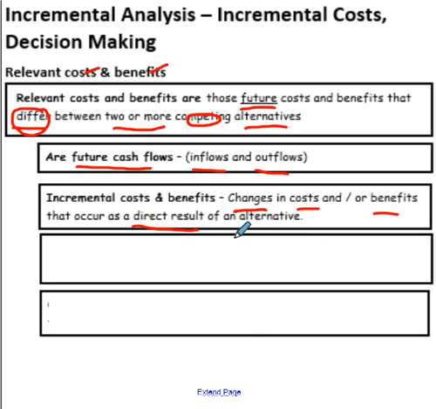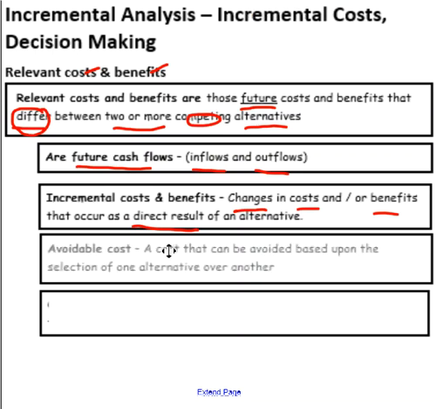When I make that decision, I am going to incur those incremental costs and benefits. If I make another decision, I'm still going to incur incremental costs and benefits, but they're going to be of that second decision.